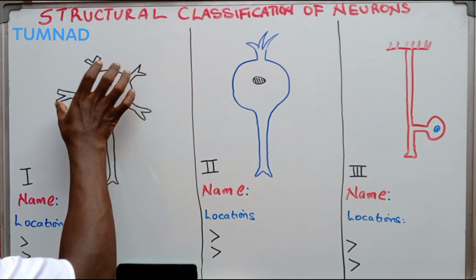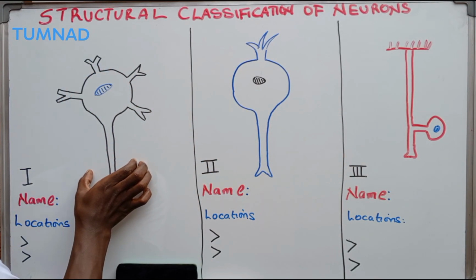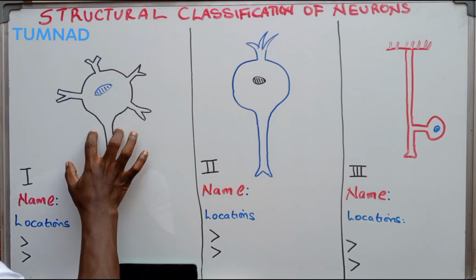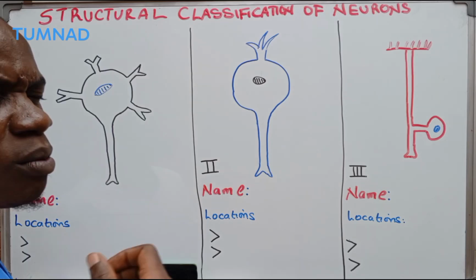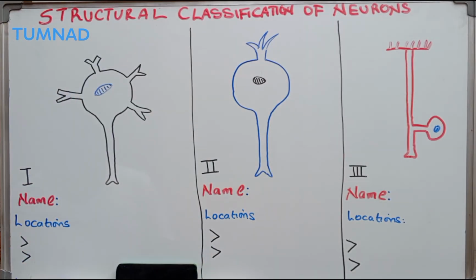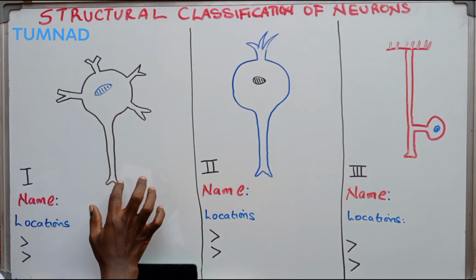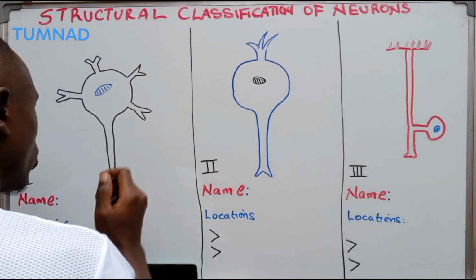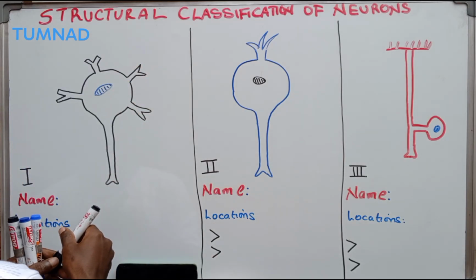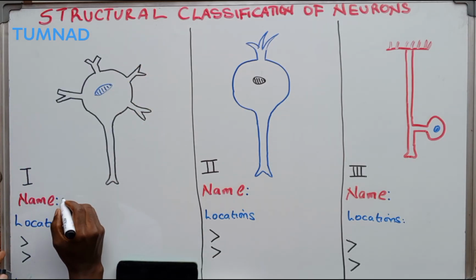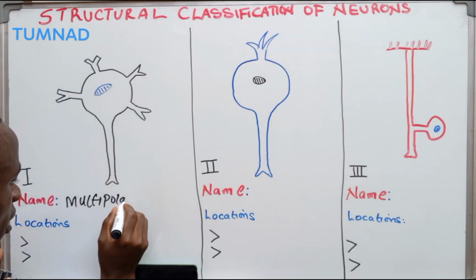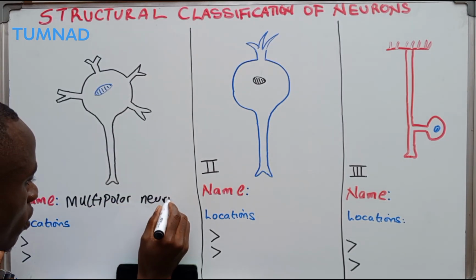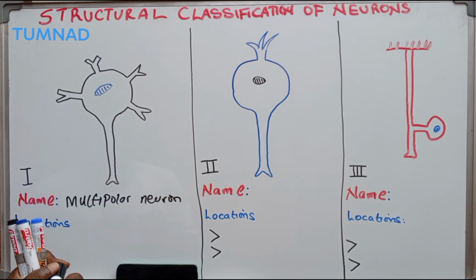Now when we see this kind of neuron, which has this axon, and this cell body with multiple dendrites, what we call multiple extensions from the cell body, this kind of neuron structurally is what we call a multipolar neuron.